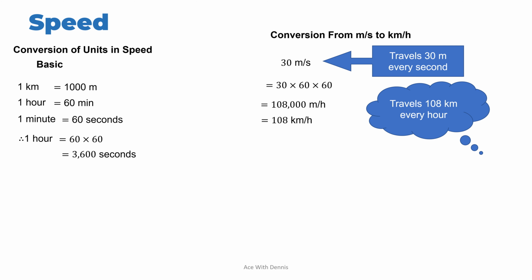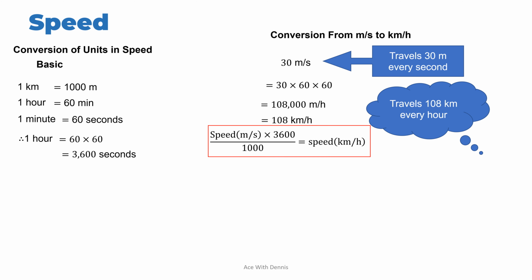This speed tells us that the motion travels 108 kilometers every hour. In general, to convert from meters per second to kilometers per hour, we take the speed in meters per second times 3600 divided by 1000, and it gives us the speed in kilometers per hour.